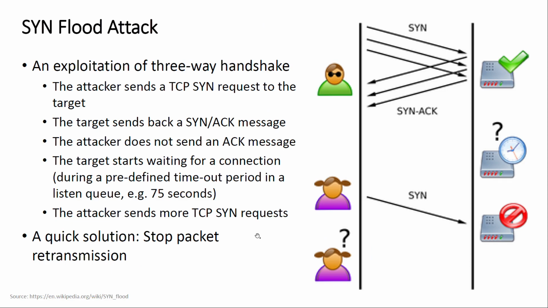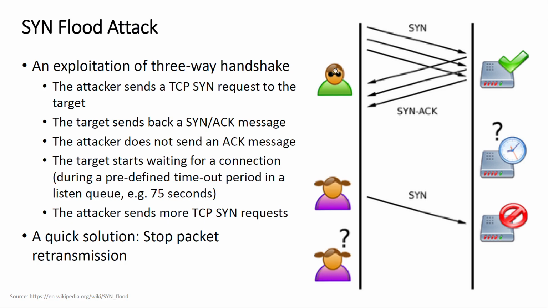So let's continue with SYN flood attack. This is an exploitation of three-way handshake. The attacker sends a TCP SYN request to the target. The target sends back a SYN ACK message. The attacker does not send ACK message back, so the connection stays open. Instead, the target starts waiting for a connection during a predefined timeout period in a listen queue, for example 75 seconds.